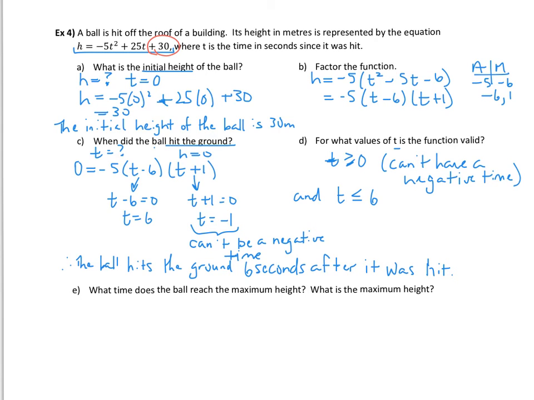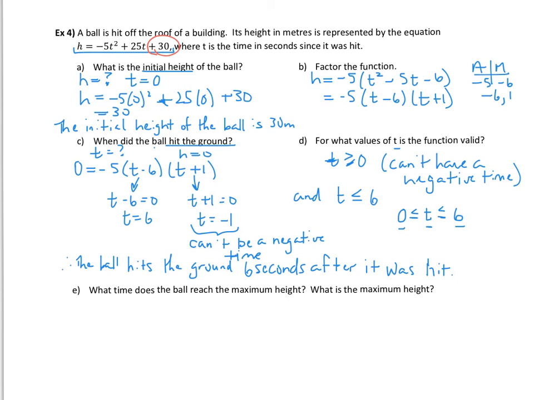Okay, it only makes sense up to the point it hits the ground. Another way of writing that, to say t is greater than or equal to 0 and has to be less than or equal to 6, another way to write that is to say 0 is less than or equal to what t can equal, and t has to be less than or equal to 6. So we're really saying that t is sandwiched between the values of 0 and 6. Okay, so those are less than signs in between there, along with equals.